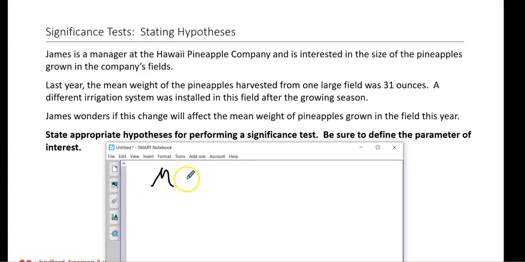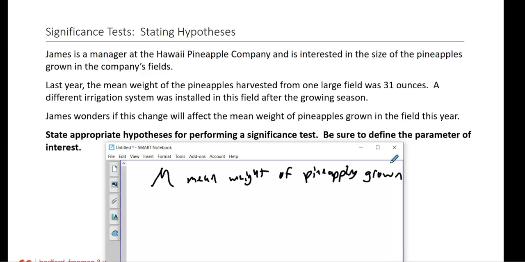So mu, the mean, is the mean weight of pineapples grown in the field this year. Just stop short there.